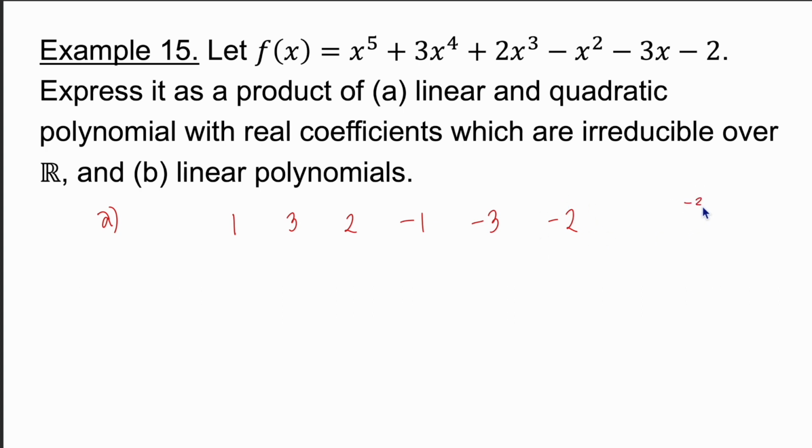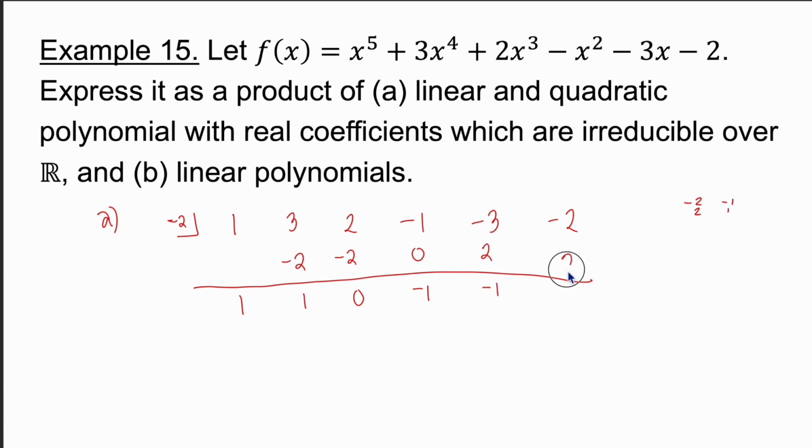So, we have negative 2, positive 2, negative 1, and 1. Let's say, ang kukunin natin is negative 2. So, we have 1, negative 2, 1, negative 2, 0, 0, negative 1, 2, negative 1, then 2, 0. Since ang remainder natin ay 0, ibig sabihin, pwede yung negative 2.